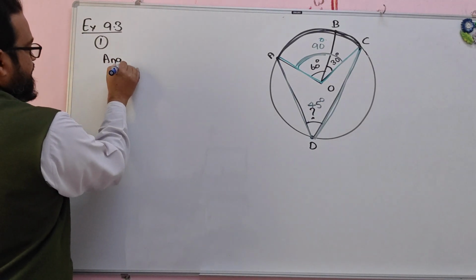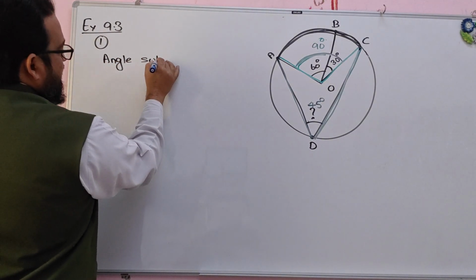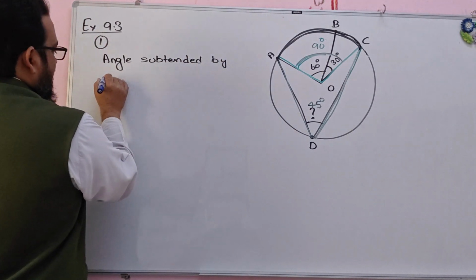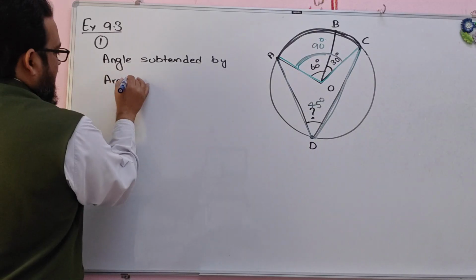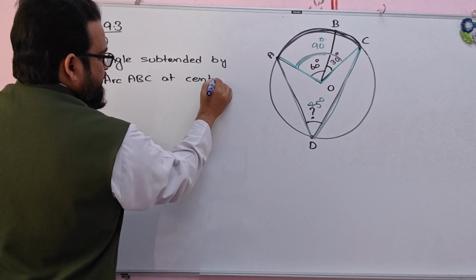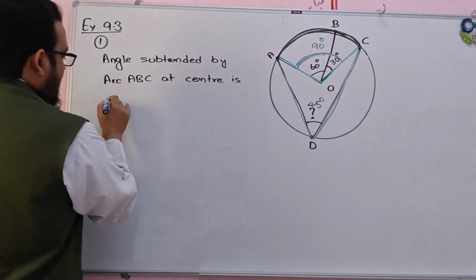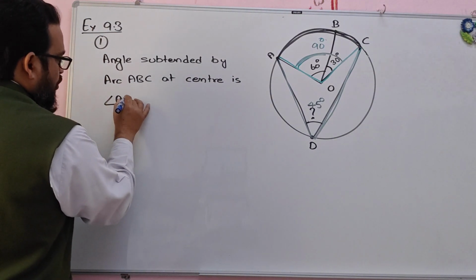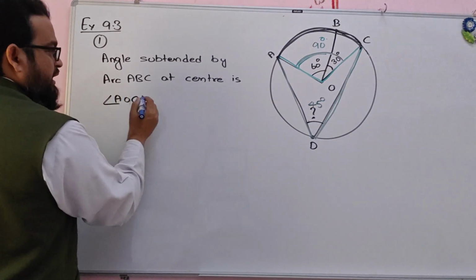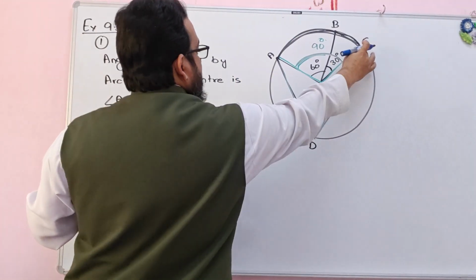The angle subtended by arc ABC at the center is angle AOB. Sorry, angle AOC. Is it right? AOC.